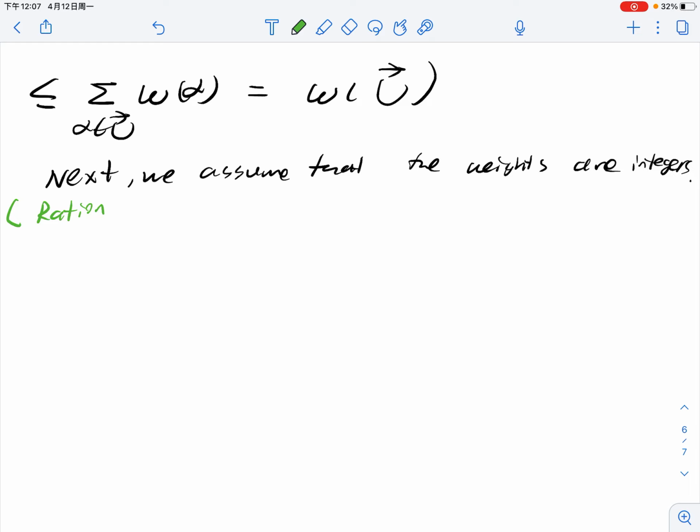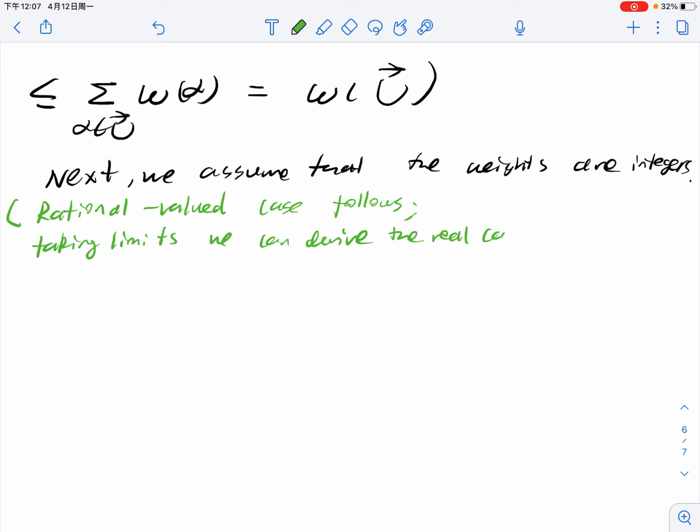We can derive the case when weights are real numbers. But those tedious limit processes we will omit here, since some of you are not so familiar with Math 2021 materials. But the idea is rational valued case follows, and then taking limit, we can derive the real case.